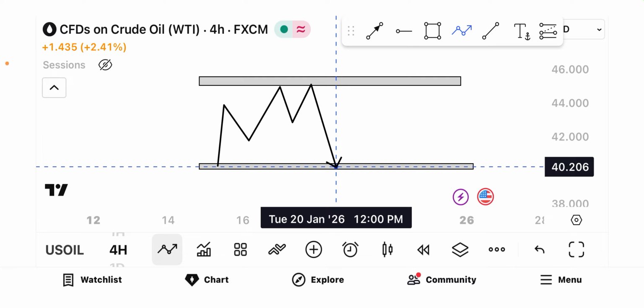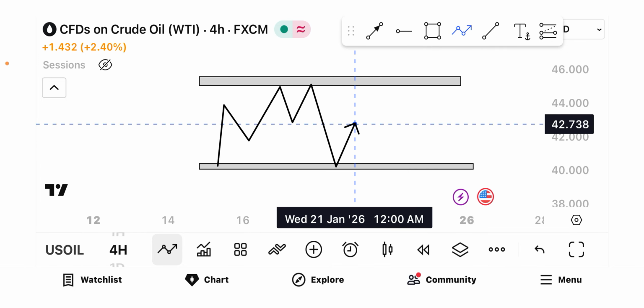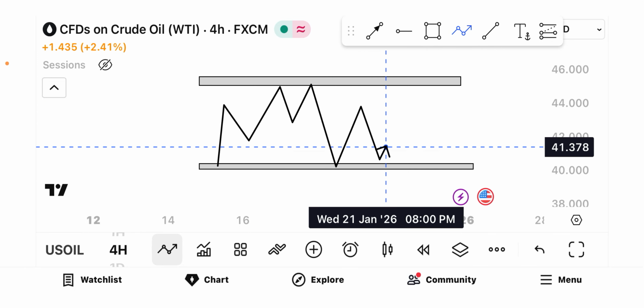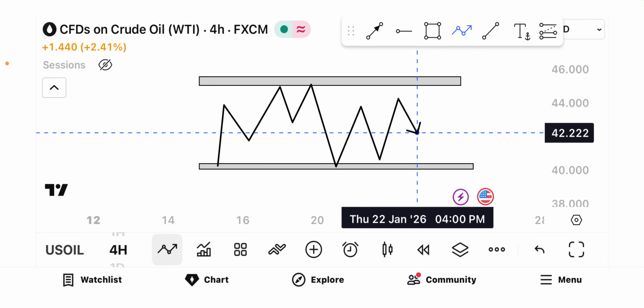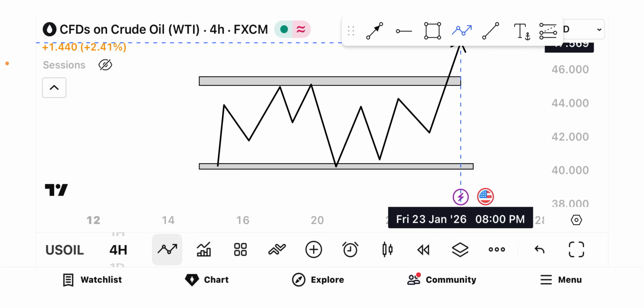Price does not have an indication of what it is about to do in the market. Price is even confused, and a lot of people will call this range a chubby range. Price doesn't know what to do, and then price breaks out of a resistance.